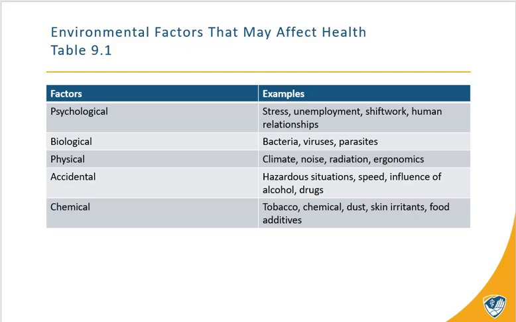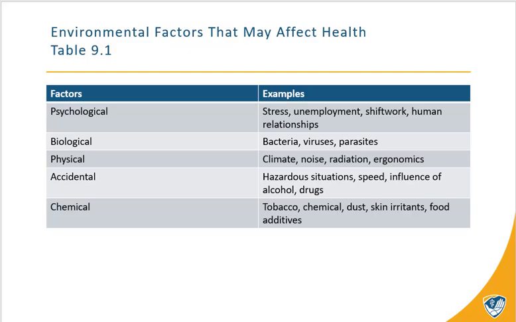So in this chapter, the authors use the term environment as a broad term for all factors external to our bodies that may cause disease or injury. Different environmental factors that may affect health are shown here in table 9.1. Psychological: how does stress, how does unemployment, how do human relationships impact health? Biological, those things that affect us.